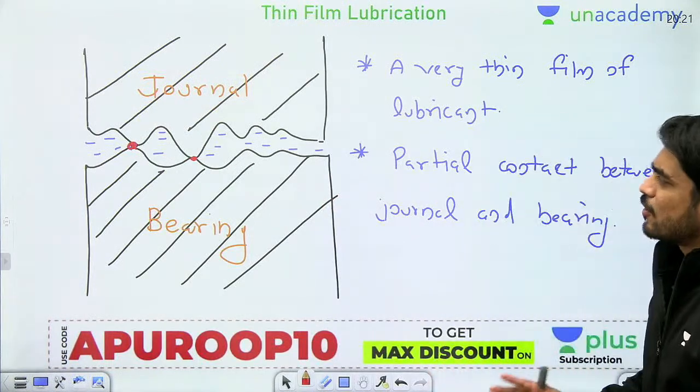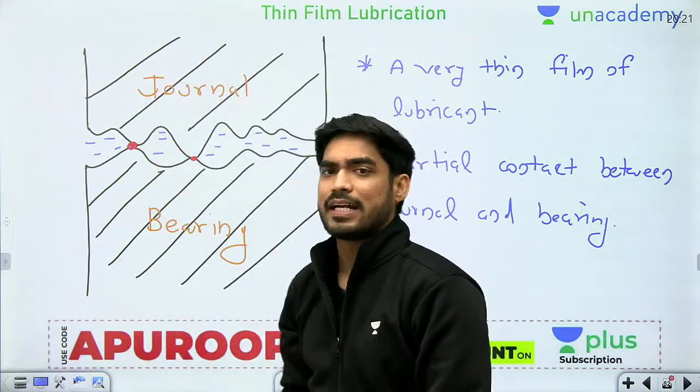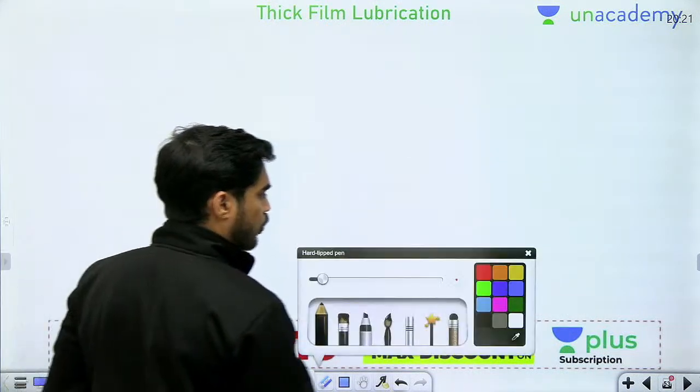So if the speed and load are high, then in that case we need a thick film of lubricating oil between the journal and bearing. That is known as thick film lubrication.